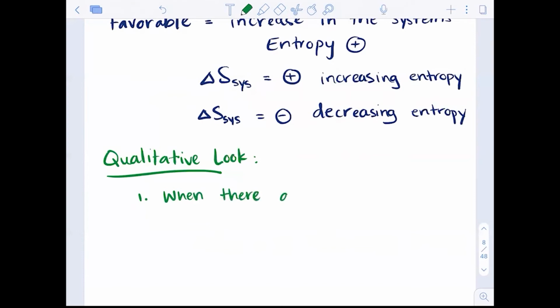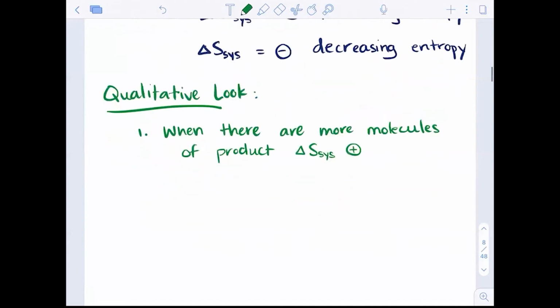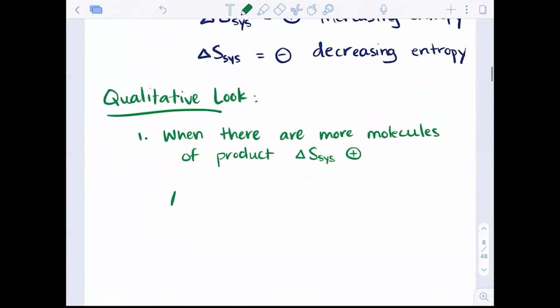there are more molecules, or we can think about moles, right? More moles or more molecules of product, delta S of the system is positive. What this looks like is if we had one molecule going into two.